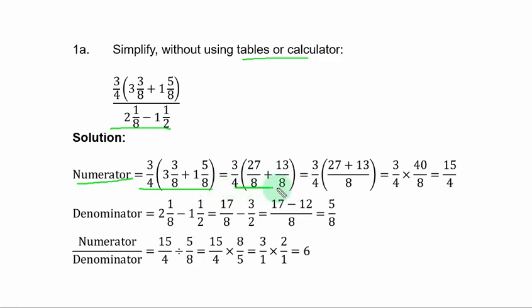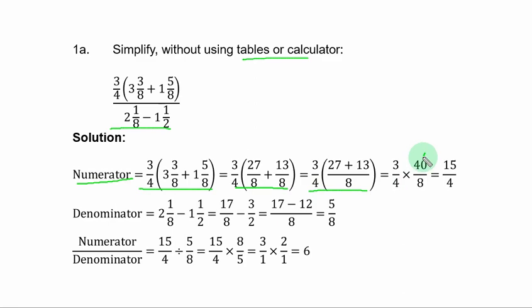You have this result. From the rule of BODMAS, you need to simplify the bracket first, and in the bracket you have like fractions, the same denominator. You simply add the numerators in this form. So you have 3 over 4 times 40 over 8.